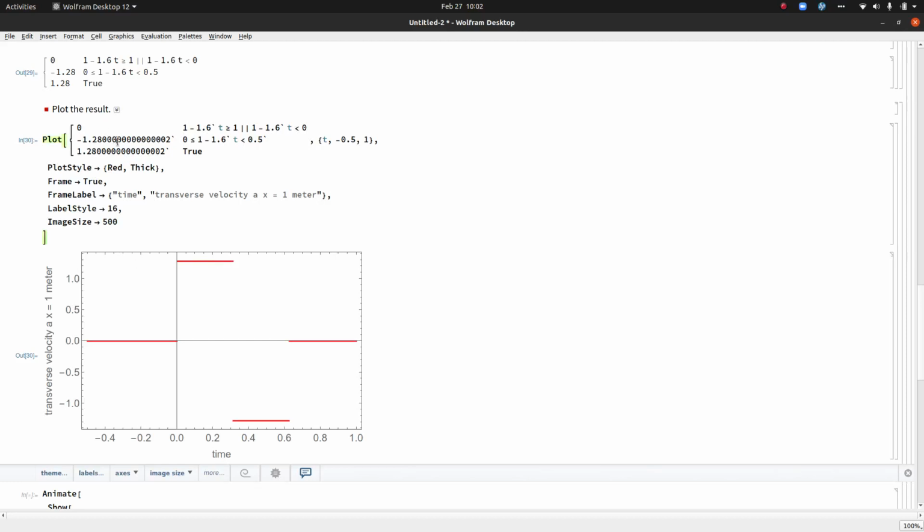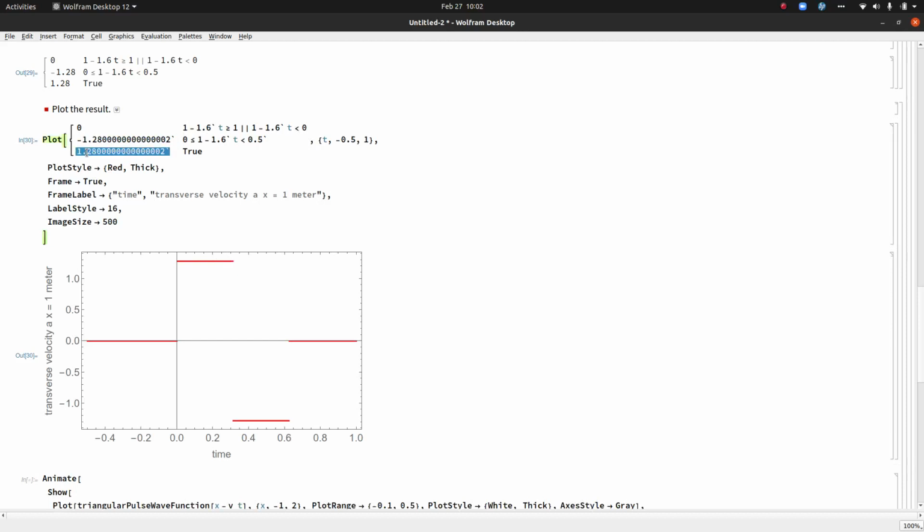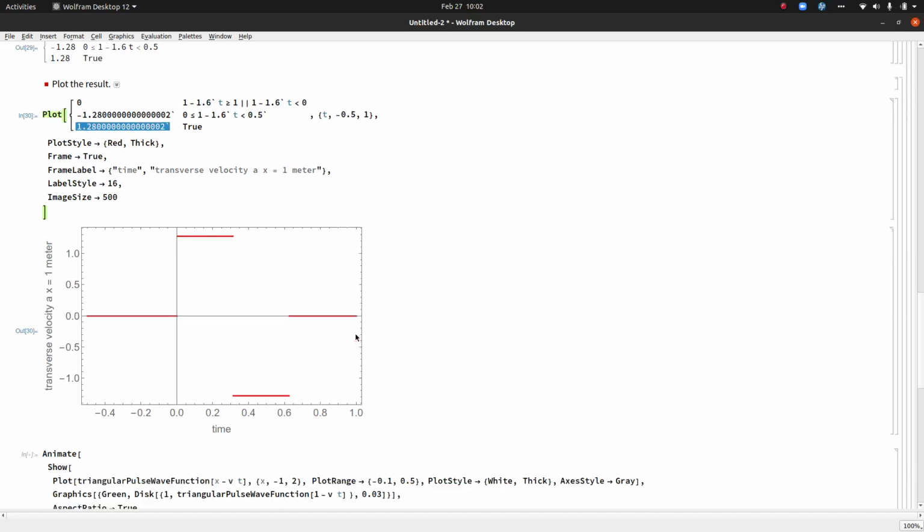If I look over here, we can actually see what that velocity is. It's got a value of 1.28. Then once it gets past the peak, the point starts coming back down, has a constant negative velocity. Again, that's just due to the triangular shape of the wave. And then when the wave pulse passes, it has a velocity of 0.